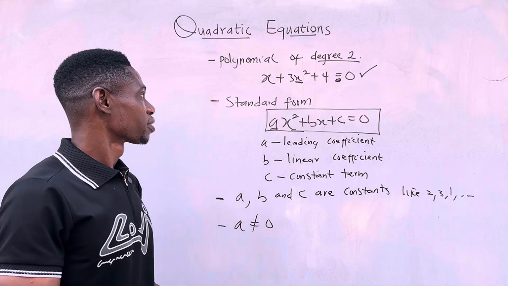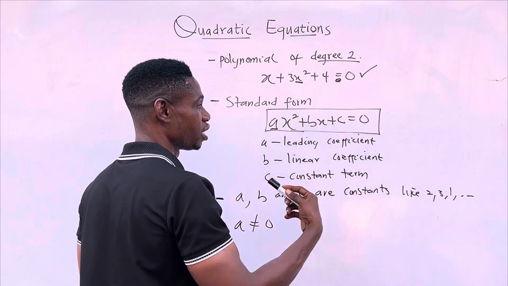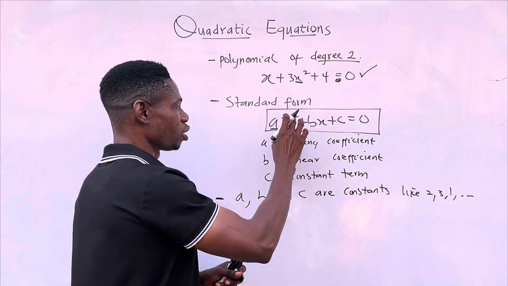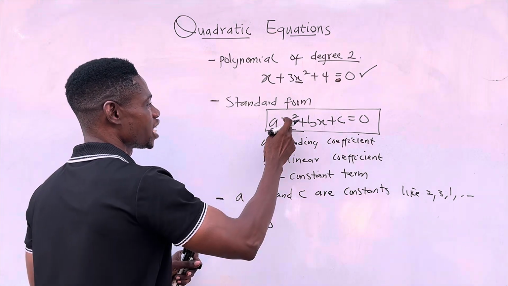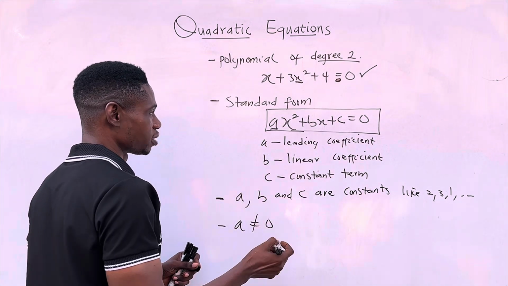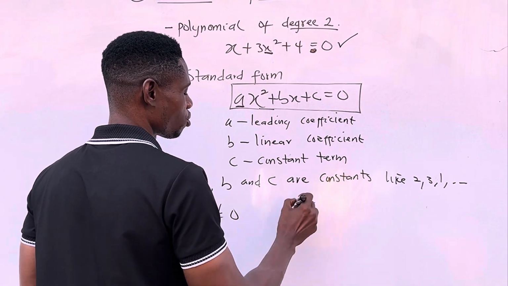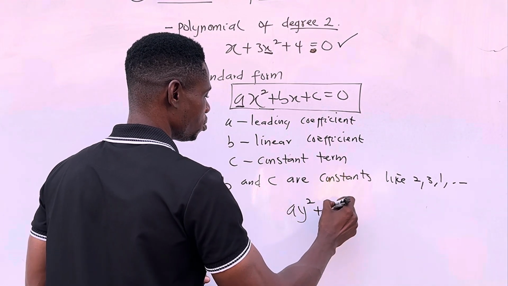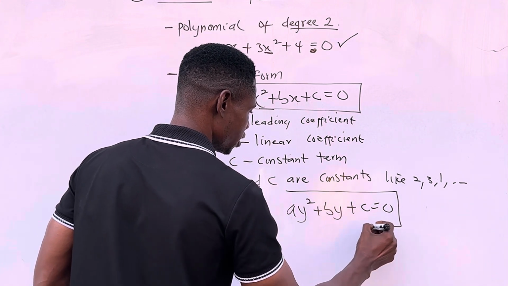Take note, it looks like this: ax squared plus bx plus c equal 0. We're going to be working with x for most cases, but note that any alphabet can be used. So you can see ay squared plus by plus c equal 0. This is also the standard form.